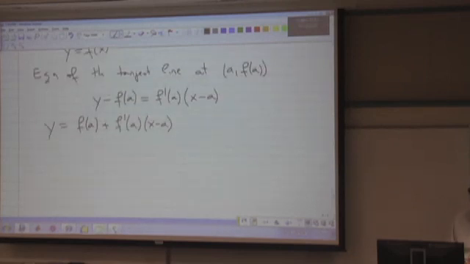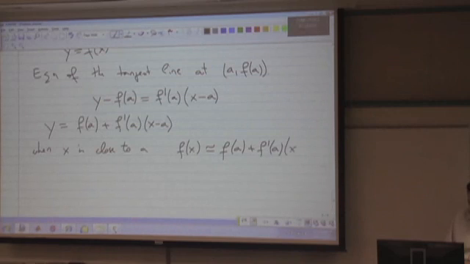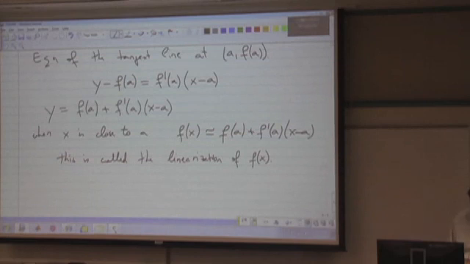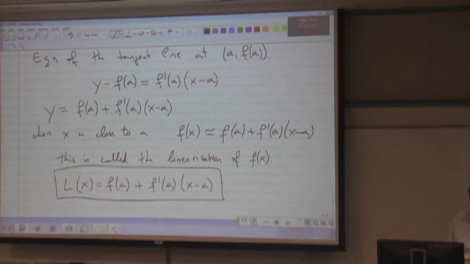So the idea is when x is close to A, f of x is approximately equal to f of A plus f prime of A times x minus A. This is called the linearization of f of x, and is denoted by capital L of x equals f of A plus f prime of A times x minus A. So now that I wrote this, I actually haven't explained anything about it.